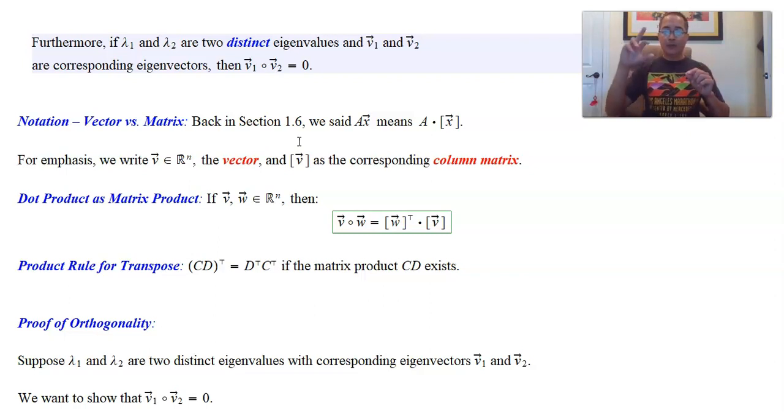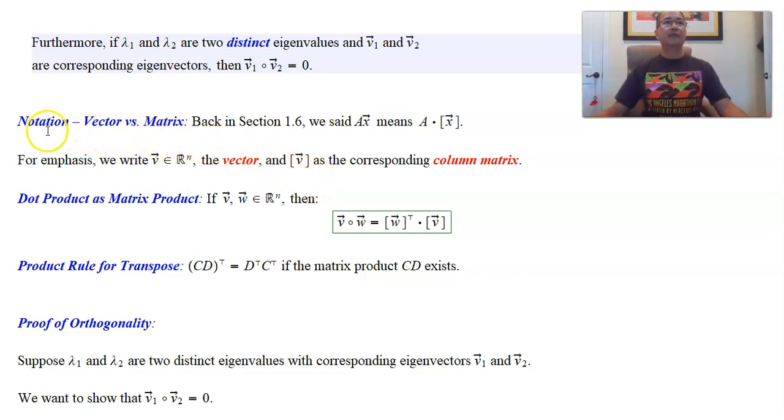We took a column and then we transposed the matrix so the column turned into a row. And so when we did the matrix product, it felt just like a dot product because we were multiplying the same number to itself. So that's going to be one of the ideas that we're going to use in this proof.